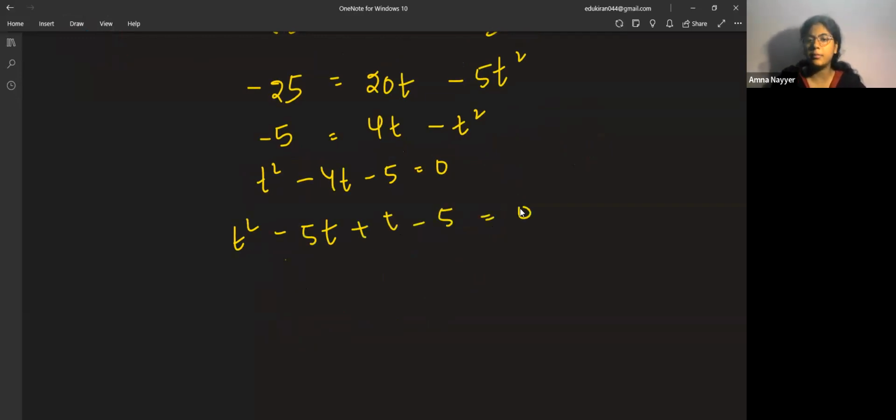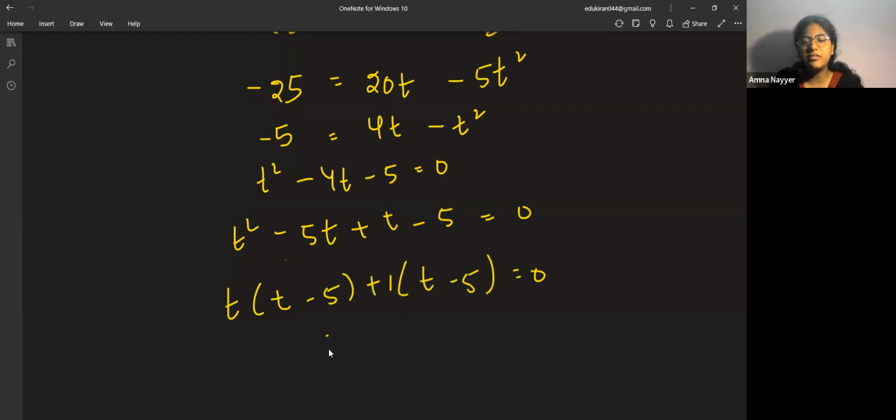This is how we split the middle term. In 10th standard only, I think you all have, or in 9th. I think in 10th only you have this. Right? Okay, so T will be common from here. What will be left? T minus 5. From here, nothing is common, so plus 1, T minus 5.